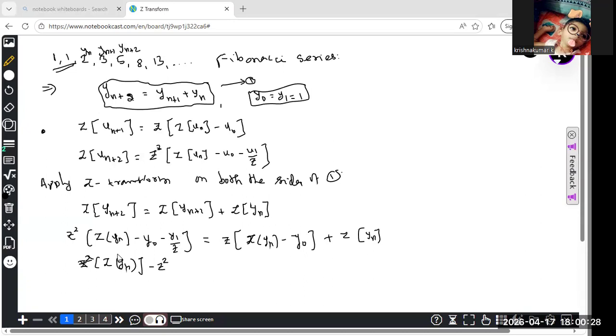This is also 1. So if you multiply this z square with this, you can get minus that. So this is equal to, and this is 1. So therefore z of the transform of yn, minus that, plus the transform of this yn.